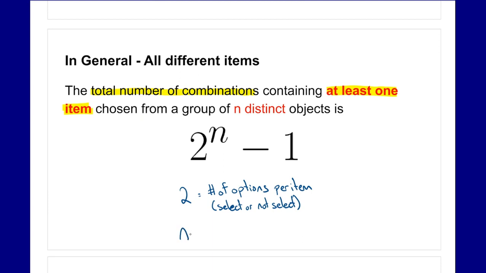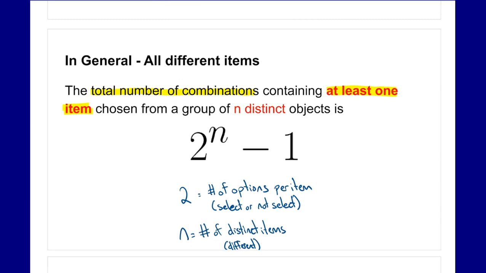The n represents the number of distinct items, or in other words, the number of different items. If we go back to the marble question, each marble was different, so they were distinct.